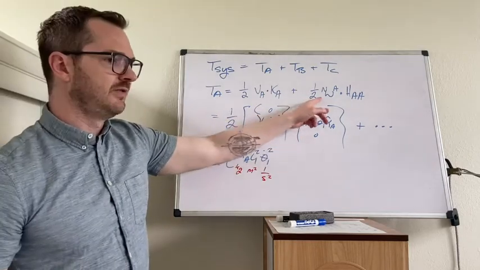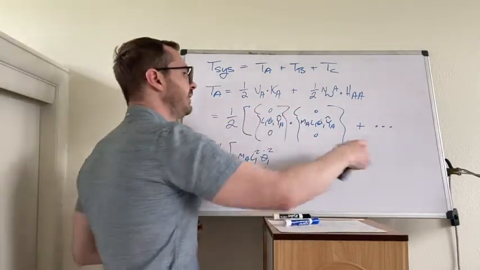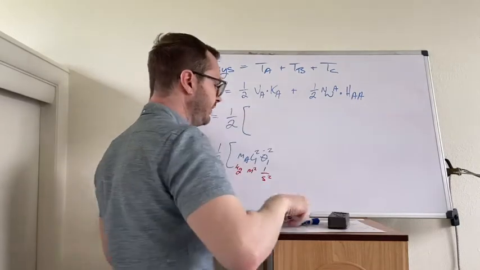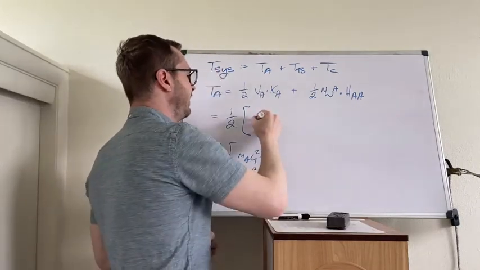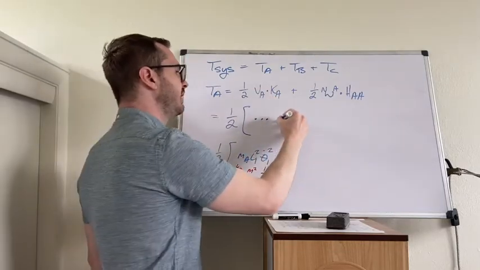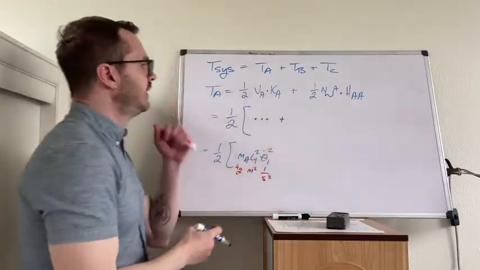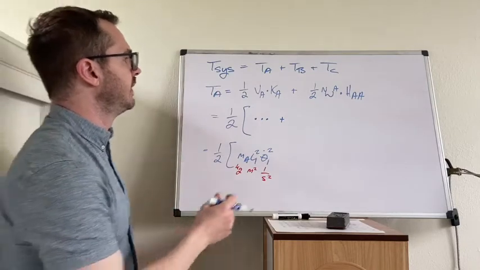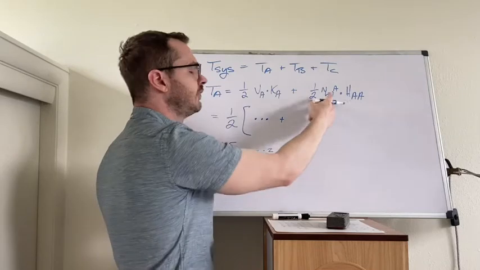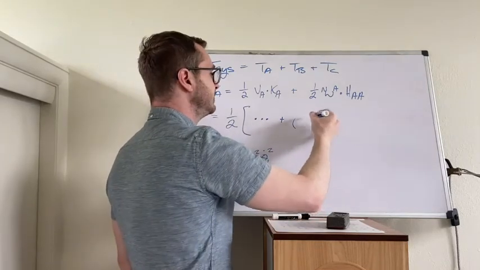Next, let's do the second half. I'm going to say dot, dot, dot, representing the first part that we just took care of, plus, and let's bring this down. We could do like we did a second ago, and I could draw these as vectors. I could also just bring these terms down, and we could just do the dot products.